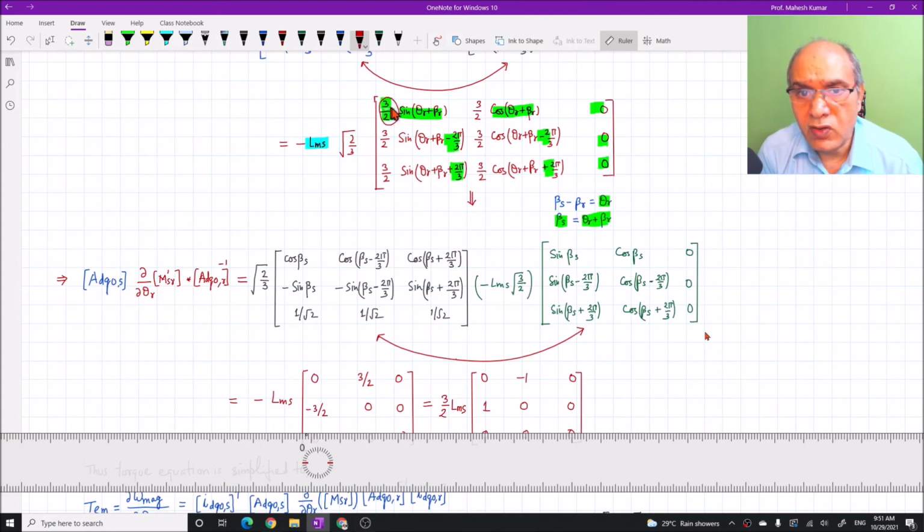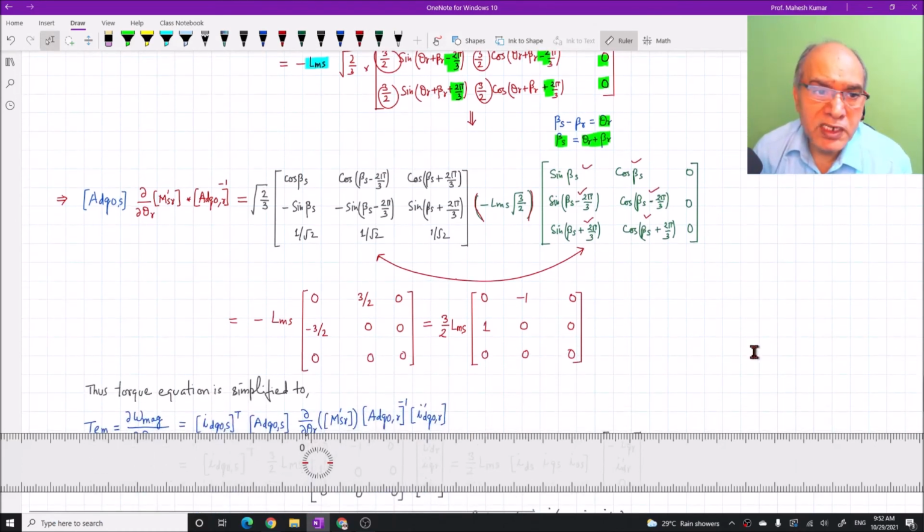So I can take this outside, and the whole thing is minus LMS root 3 by 2, and then this becomes sin beta s, cos beta s, this minus 2 pi by 3, and then plus 2 pi by 3.